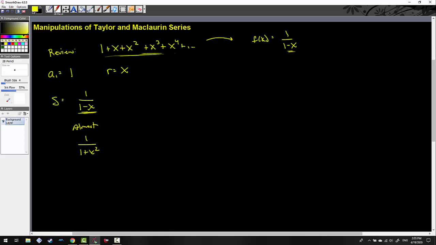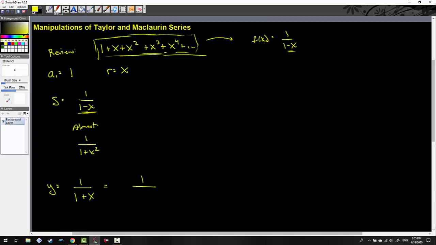So what I'm going to do is reference this. This is going to be my anchor right here for this example. I'm going to start off with something that looks like this now: y equals 1 over 1, not minus x, but 1 plus x. I'm going to slowly but surely transform him into 1 over 1 plus x squared. So what does that get me?